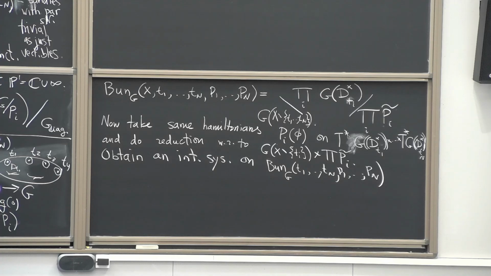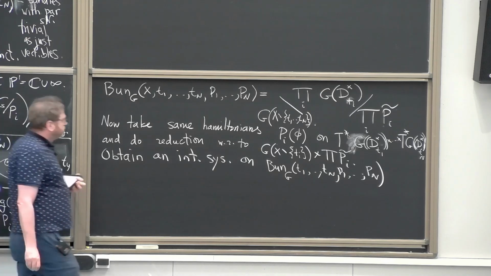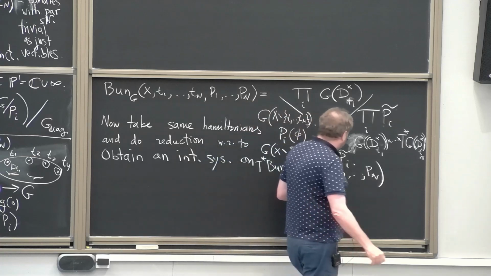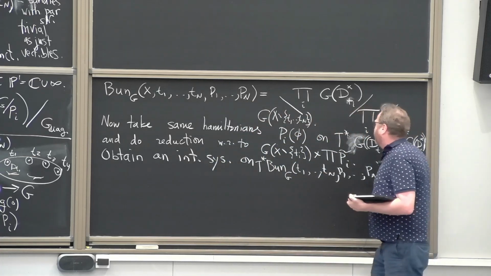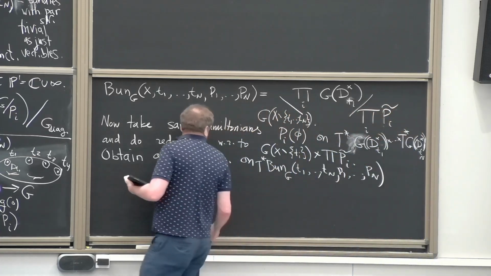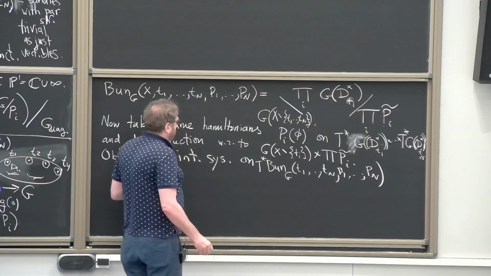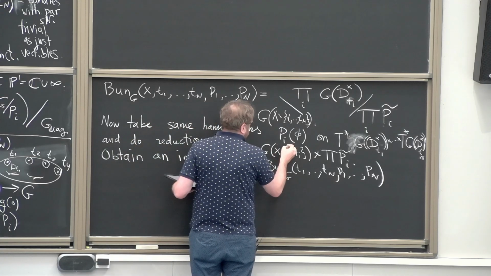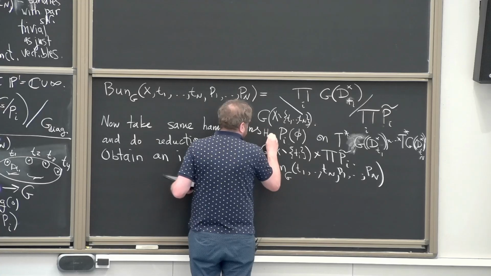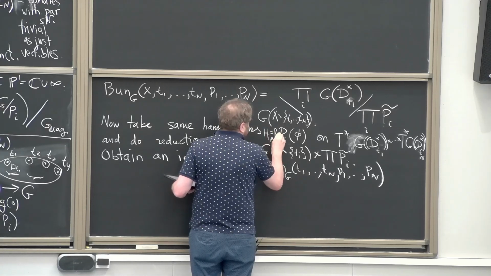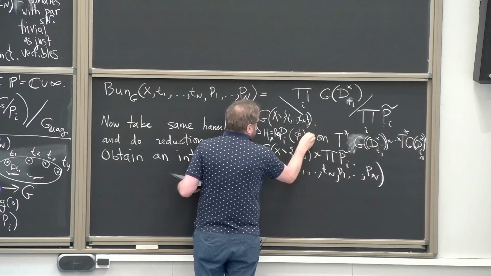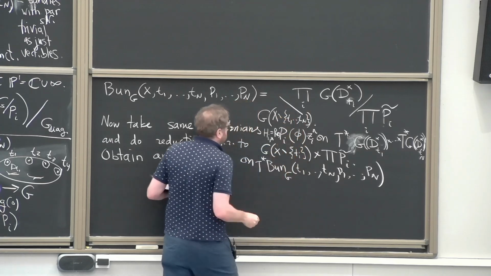As before, we have infinitely many Hamiltonians. These are H_i,n, which is a residue of this multiplied by Zi to the n.